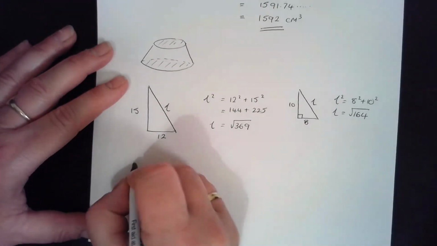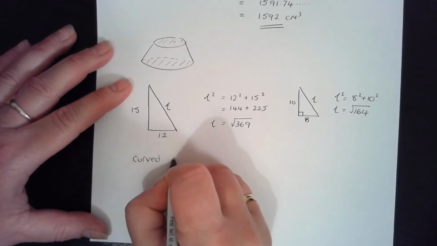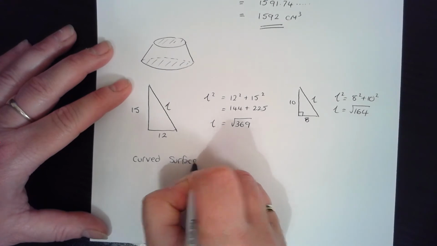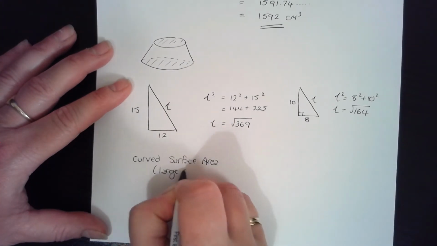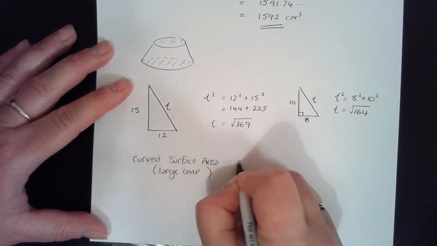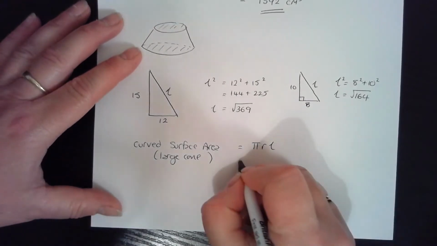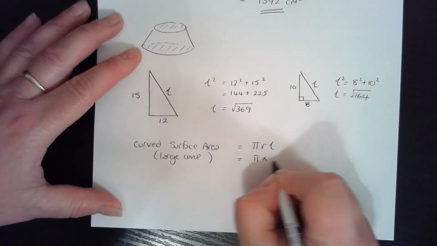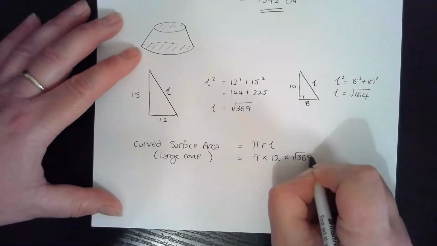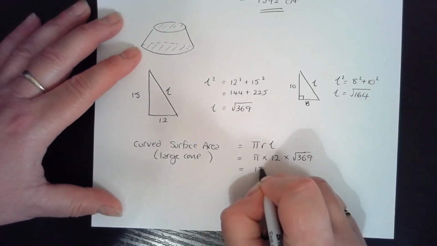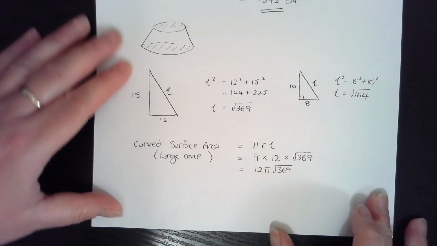So curved surface area of the large cone. Pi RL for the curved surface area, and for the large cone that will be pi times by 12 times by the root of 369, which we're going to write as 12 pi root 369, its exact value.